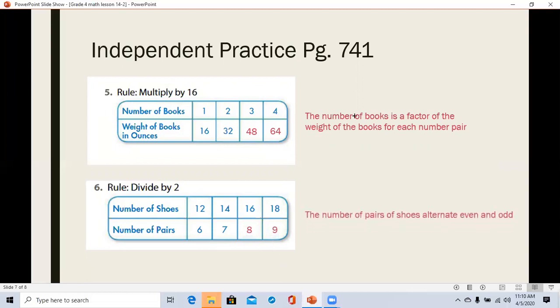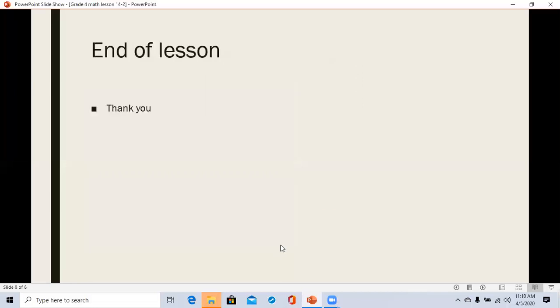So the number of pairs of shoes alternates between even and odd. 6 is an even number. 7 is an odd number. 8 is an even number. 9 is an odd number. So the number of pairs of shoes alternates between even and odd numbers.